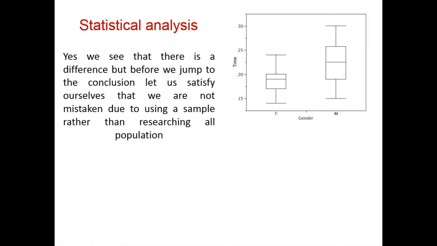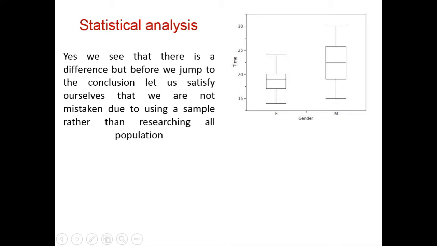So for that, we take help from some statistical procedures to give us a little more room for conviction that yes, we can generalize the results that we can see in this small data.